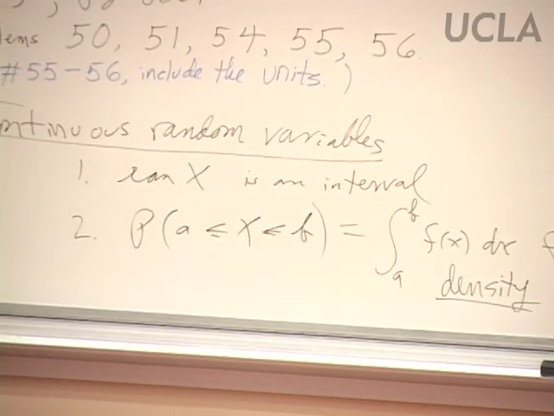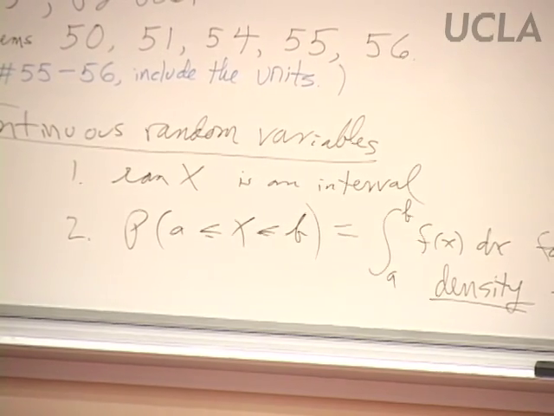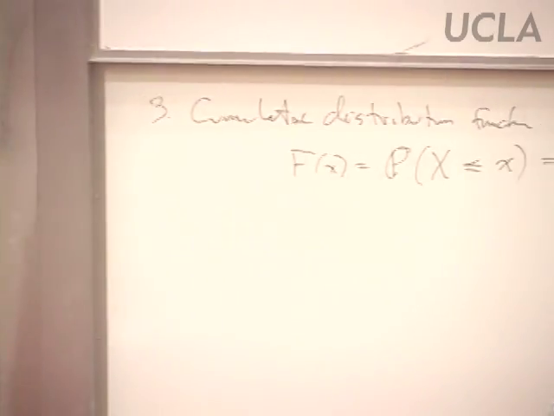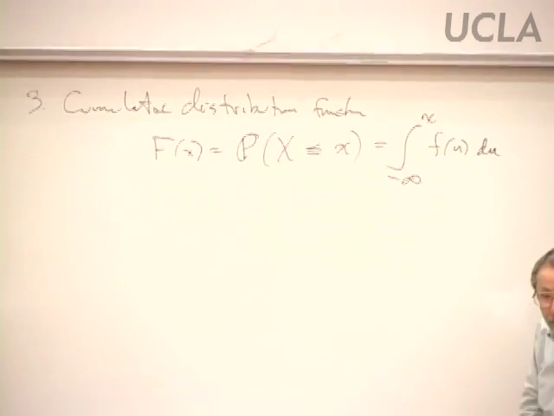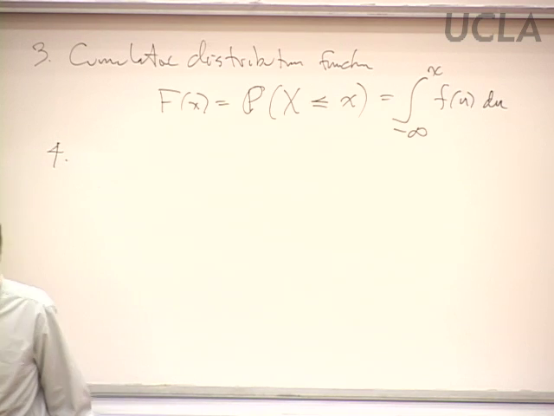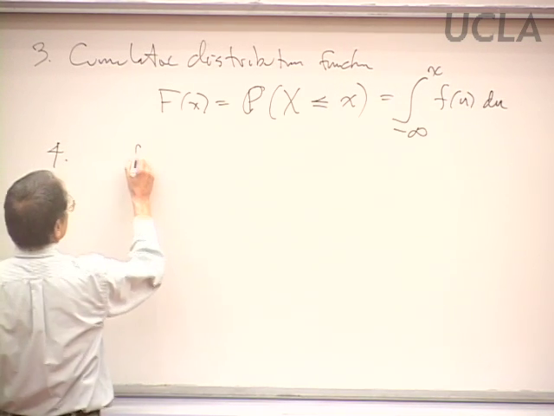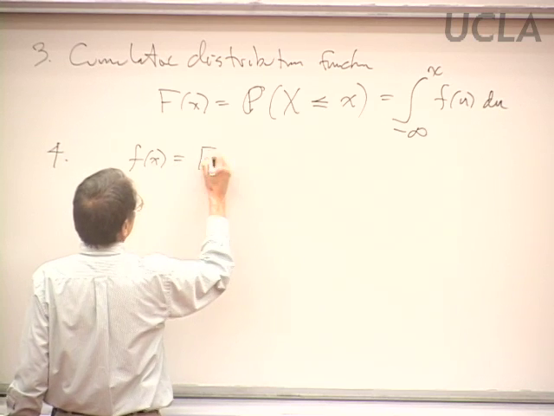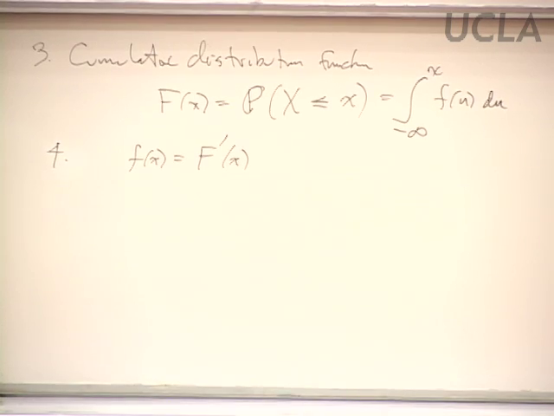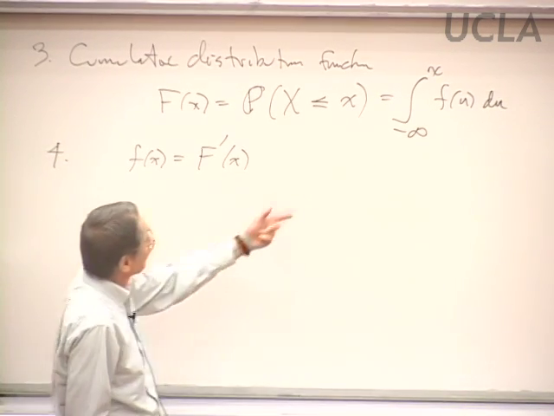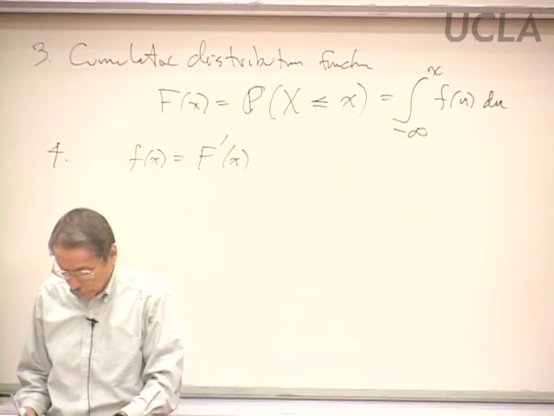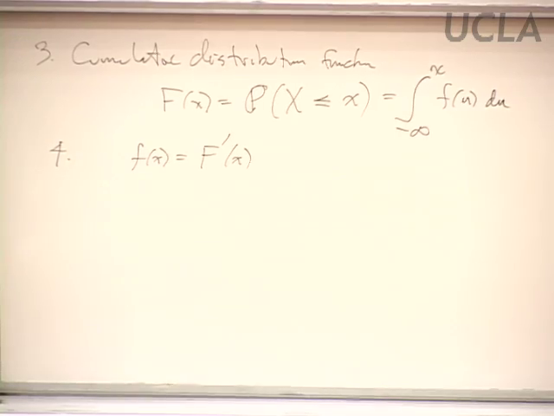So we're integrating from the bottom, minus infinity, to x, and we integrate the density function. And little f and capital F are related. The density function is nothing but the derivative of the cumulative distribution function, by applying the fundamental theorem of calculus to this equation. Well, that's where we were last time.